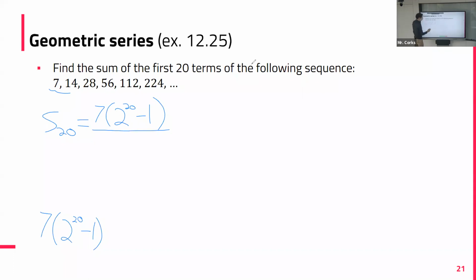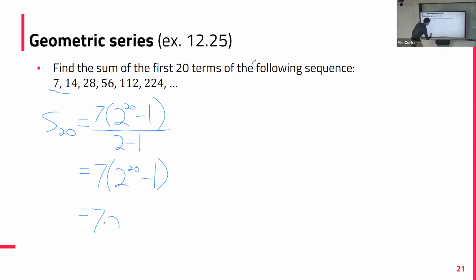On the bottom, R not to the exponent, just R minus 1, which is 2 minus 1, so that's just 1 on the bottom. So we have 7 times 2 to the exponent 20 minus 1. If I were to expand this a little, 7 times 2 to the exponent 20 minus 7.